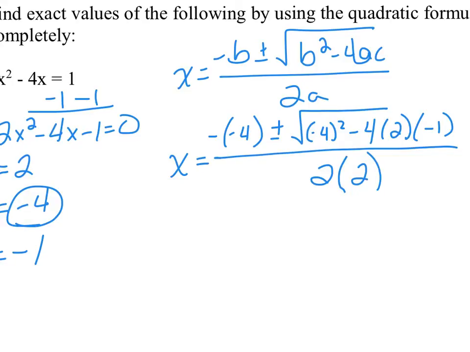So now all we have to do is do the math for each one of these pieces. First of all, the negative of a negative 4 is positive 4. Then here we have to figure out what negative 4 squared minus 4 times 2 times negative 1 is.